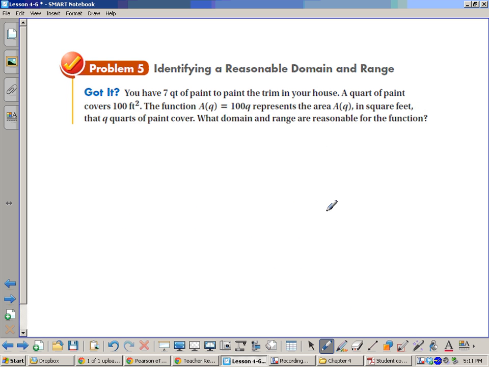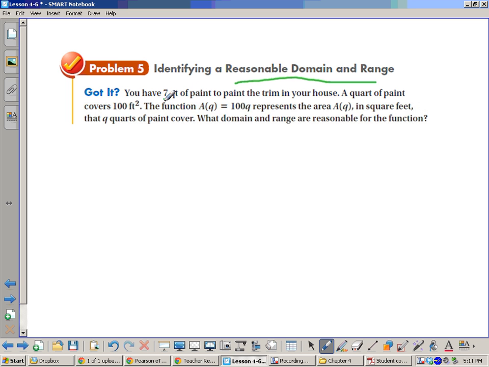Our last example is identifying a reasonable domain and range. So here we have a problem where we're given an equation. Our equation in this case is saying that the area formula, the area of the wall that we're going to paint, is 100 times Q, where Q is just going to be the amount of paint that we're going to use.